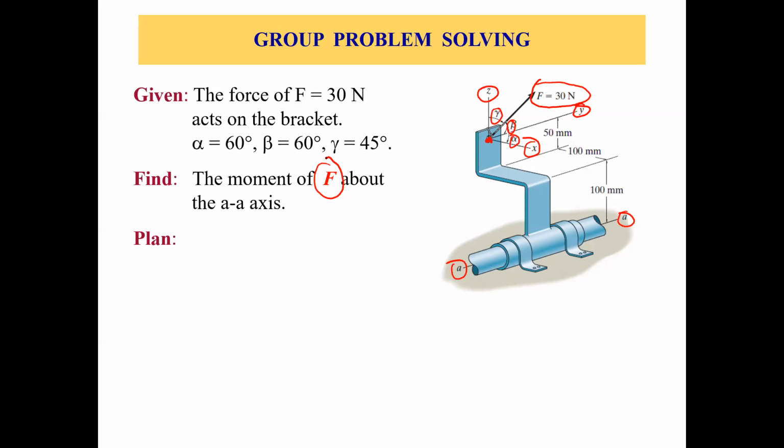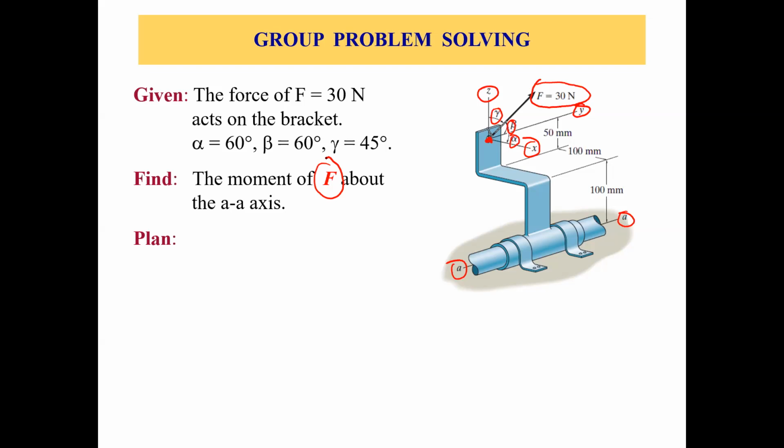Now, what do we need for this kind of problem? Same thing, triple scalar product. We need the unit vector, let's say u sub a. We need the position vector. And we need the force vector in Cartesian form.